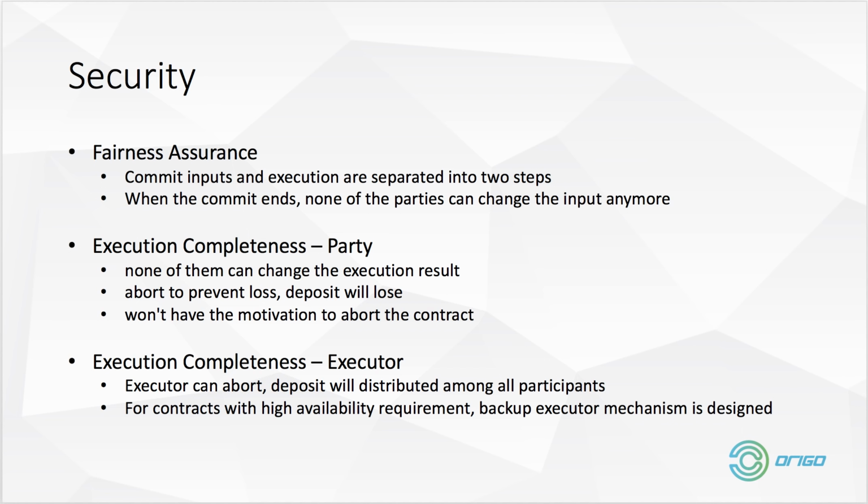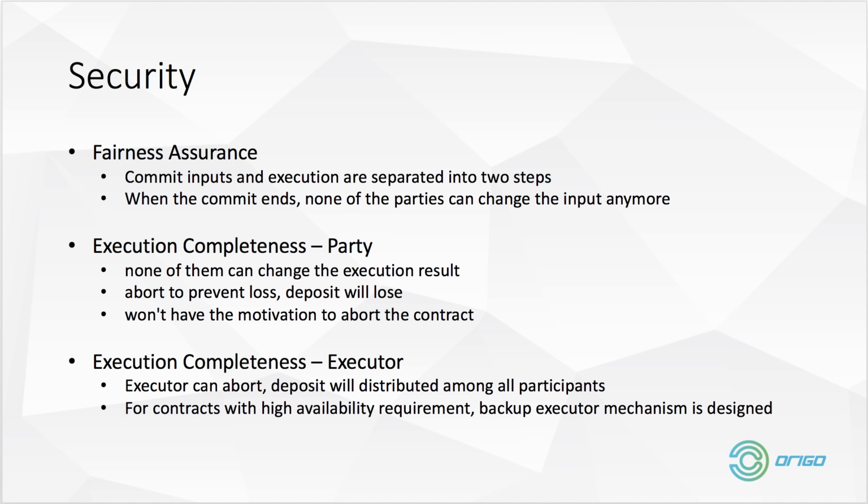If the executor is a friend of one of the participants, then before executing the result in the open stage, he may want to abort to prevent a loss. Let's say, for example, there's a rock paper scissors game, and someone already put a rock.